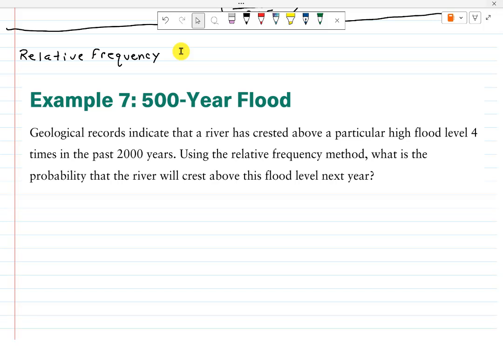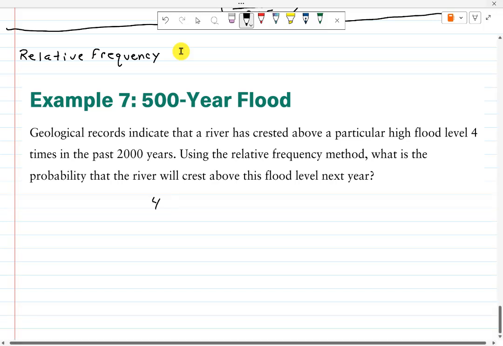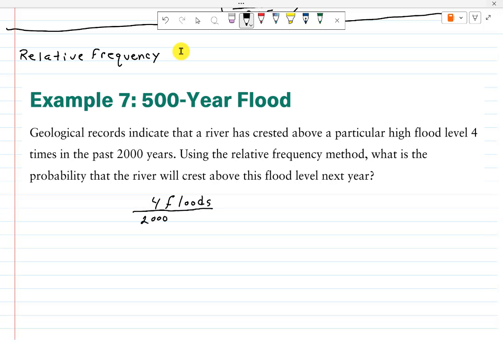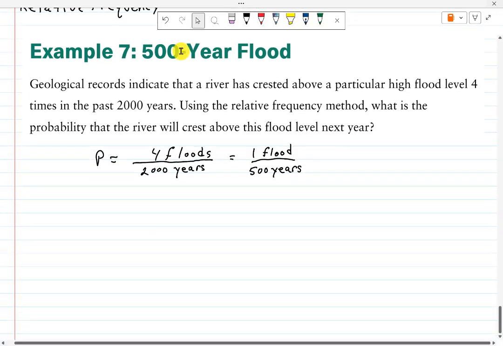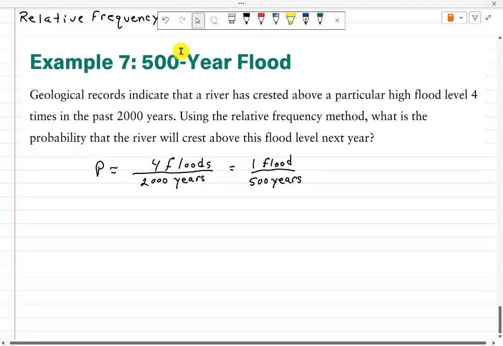So, for example, we've had 4 floods in 2,000 years. So if you want, that's 1 flood for every 500 years. So this is the probability I'm going to use going forward. So that's what relative frequency means.